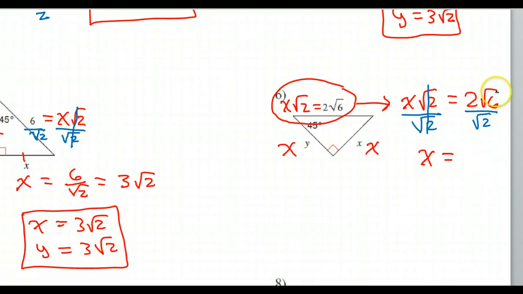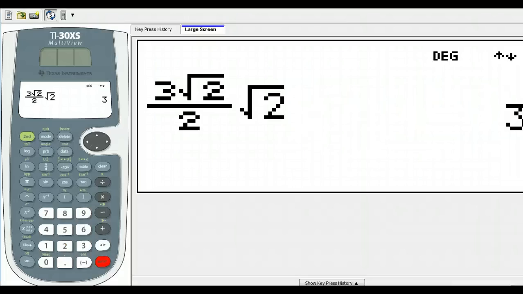Look, you can put this in your calculator if you want, but guess what? Radical 6 divided by radical 2 is radical 3. So this is going to wind up being 2 radical 3. But say if you didn't know that, 2 radical 6 over radical 2, you could just put that in your calculator like this.